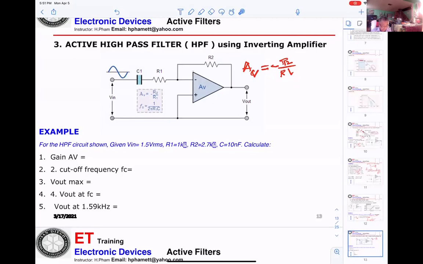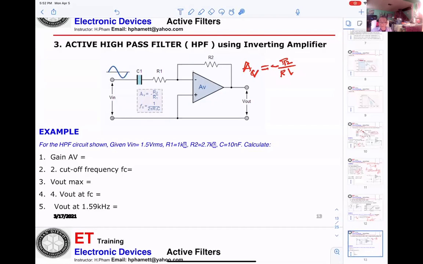Vmax means you take the input 1.5 volt RMS times the gain. And Vout at the cutoff means you take Vout maximum times 0.707. And Vout at 1.59 kilohertz, I believe that may be 10 times the cutoff.